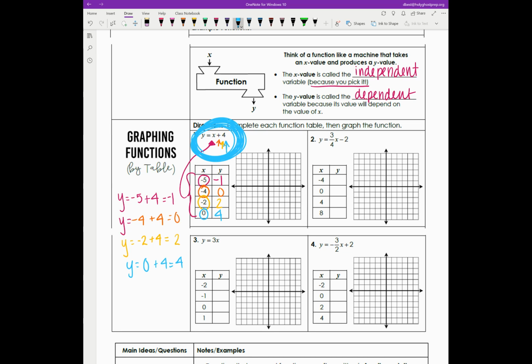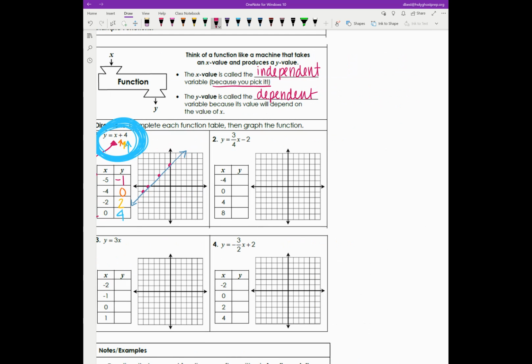Now I have 4 ordered pairs to plot on my graph. So I'm at -5, -1; -4, 0; -2, +2; and 0, 4. We're going to draw a line through our points, put arrows on the end, and keep going.